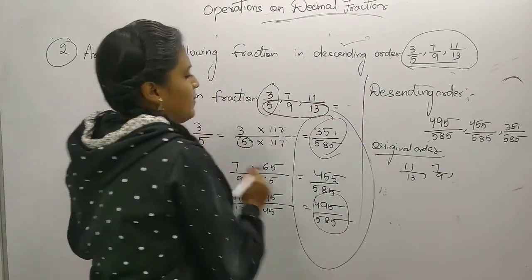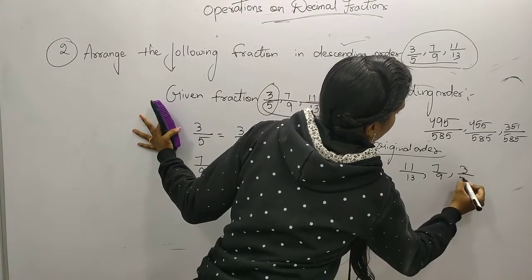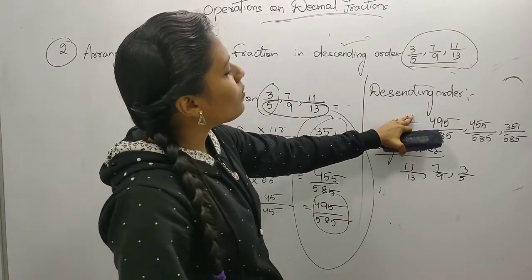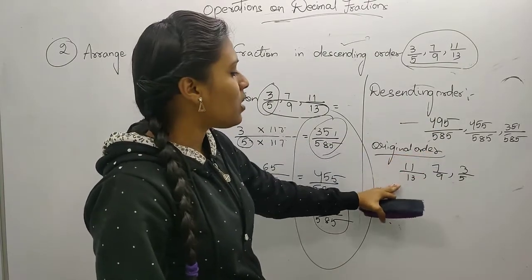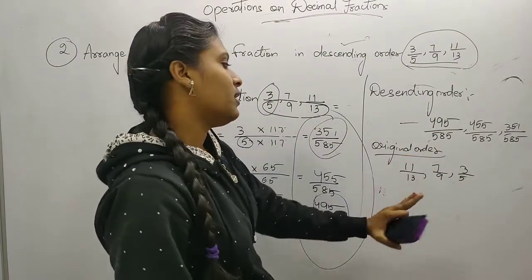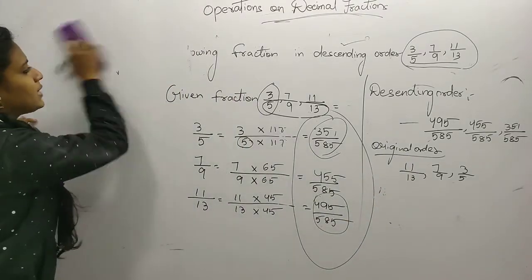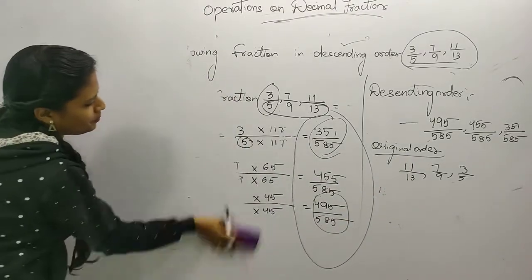Next, the last one is 3 by 5. First we have to arrange the values into decreasing order, then find whose value it is. We must order in a correct way. It is the second question. It is very easy. Next, go to the next question, the third one.